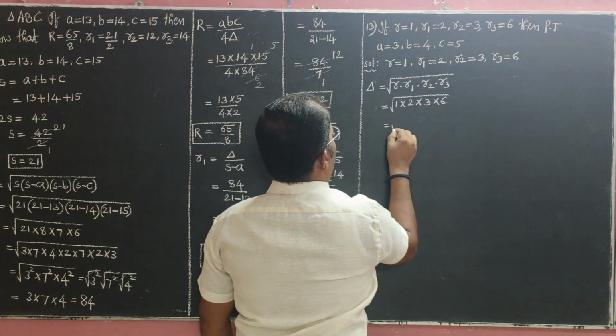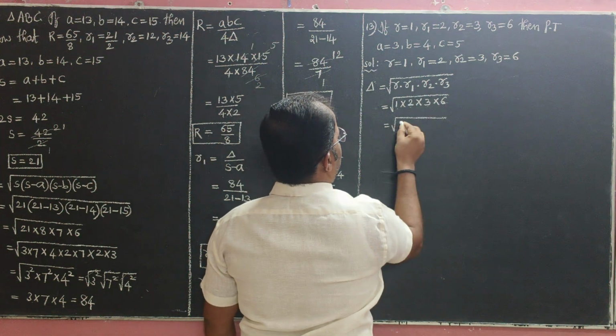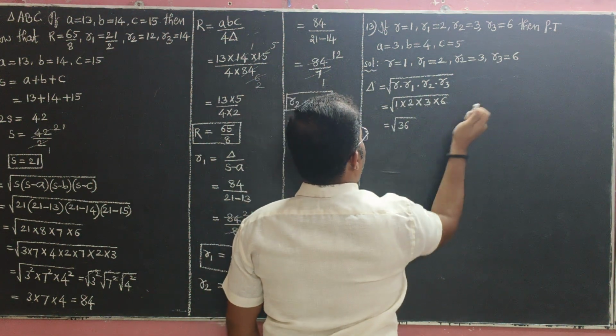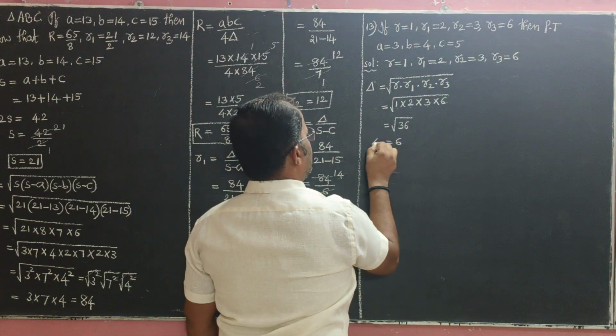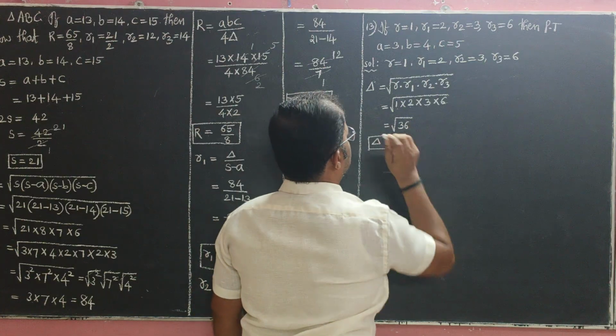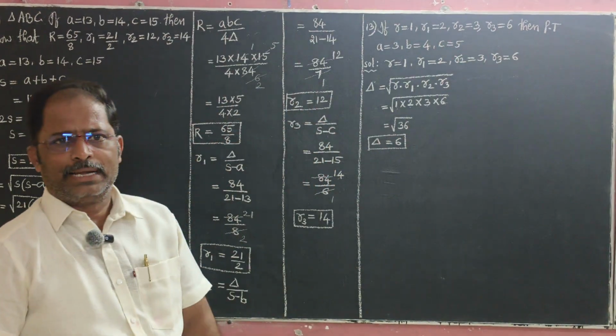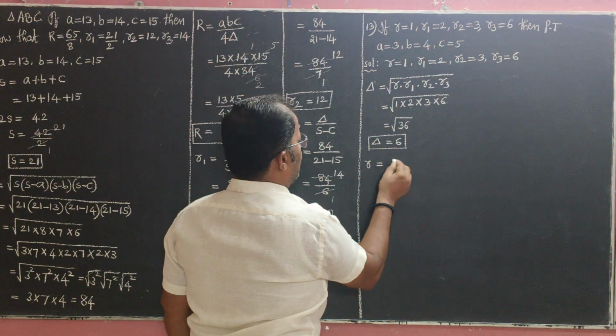Next, square root of 1 into 2, 2, 2 into 3, 6, 6 into 6, 36. Okay, so square root of 36 value we know 6, means now we have the value delta equals to 6. Okay, we have the value delta equals to 6. Now R value is, what is the R value?